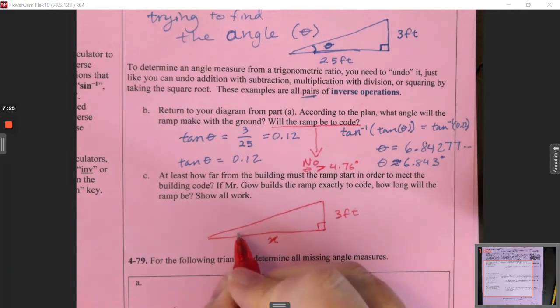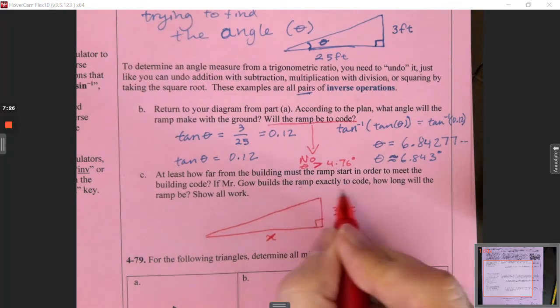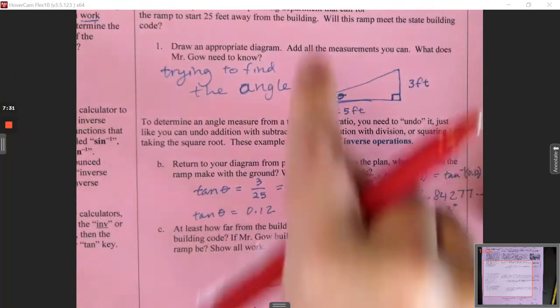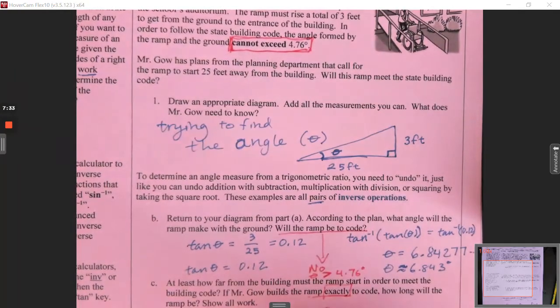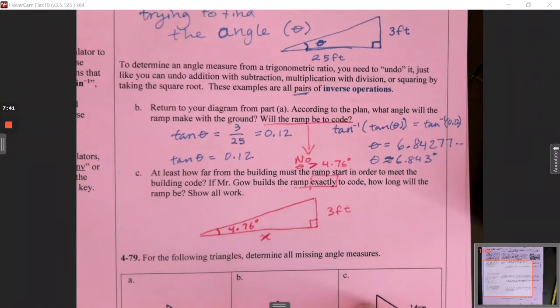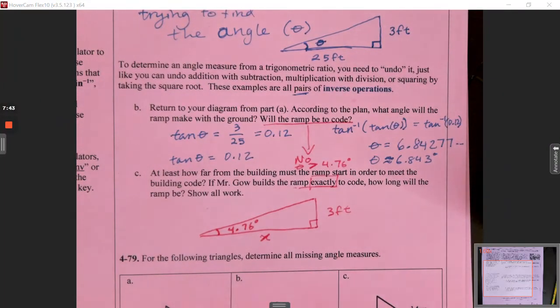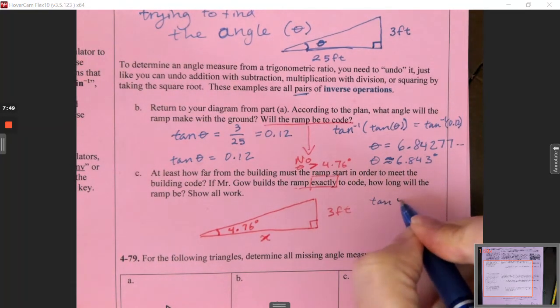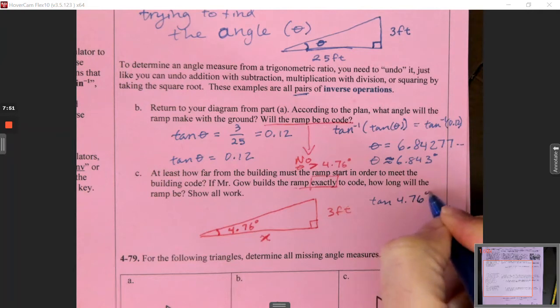So I'm going to set up tangent of 4.76 equals opposite over adjacent. So x times the tangent of 4.76 degrees equals 3. So x equals 3 divided by the tangent of 4.76 degrees.